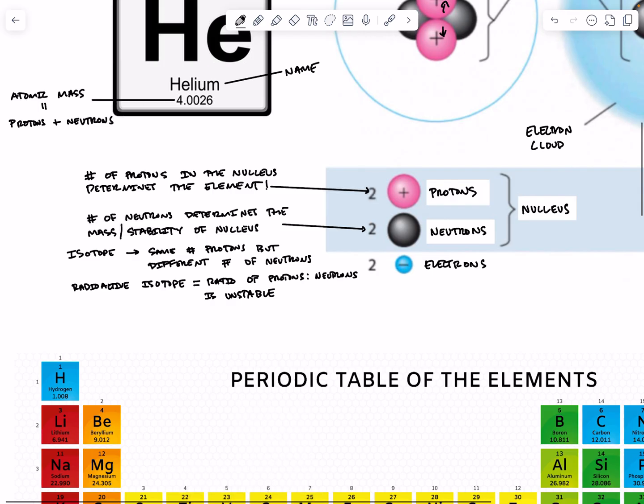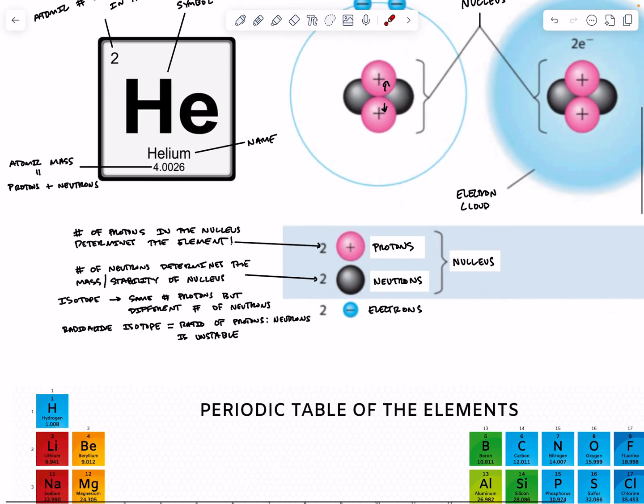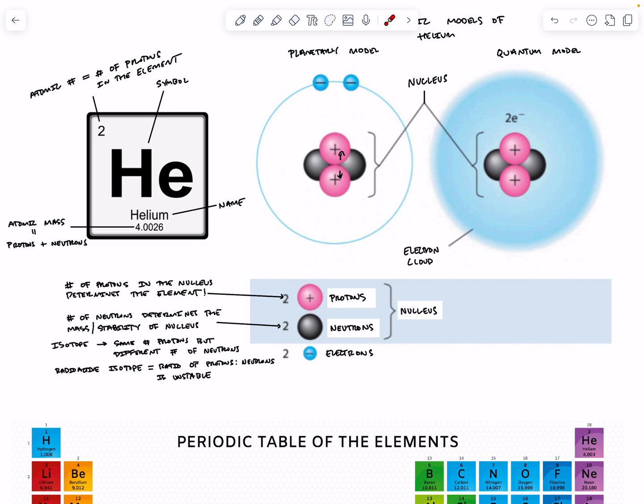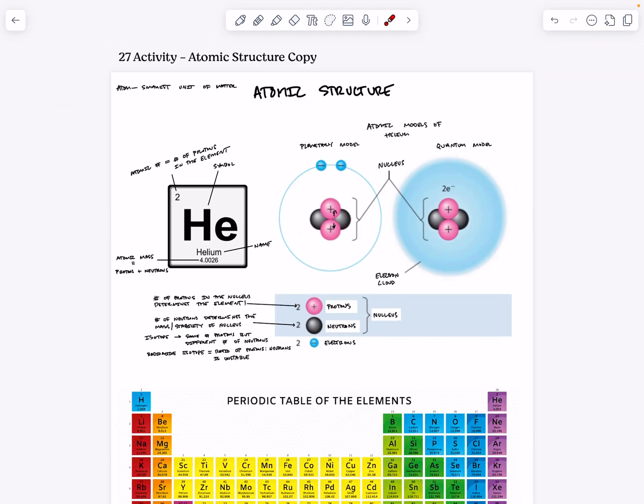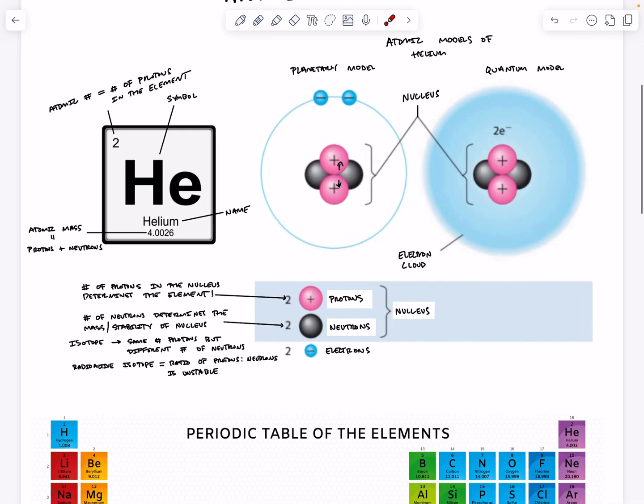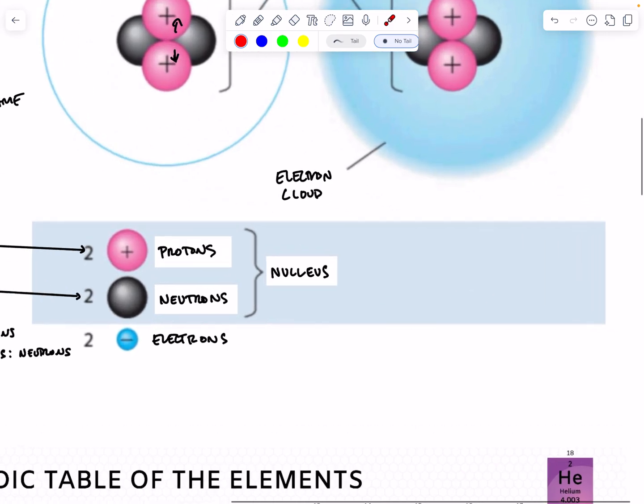And then the atom is going to decay. We're not really going to get into radioactive decay, but it'll change if the ratio of protons to neutrons is not in a stable ratio. Okay, so that's protons and neutrons. Protons determine the element, neutrons determine the isotope, which is like both the mass. If we change the neutrons, we're going to change the mass, and we're also going to change the stability of the nucleus.